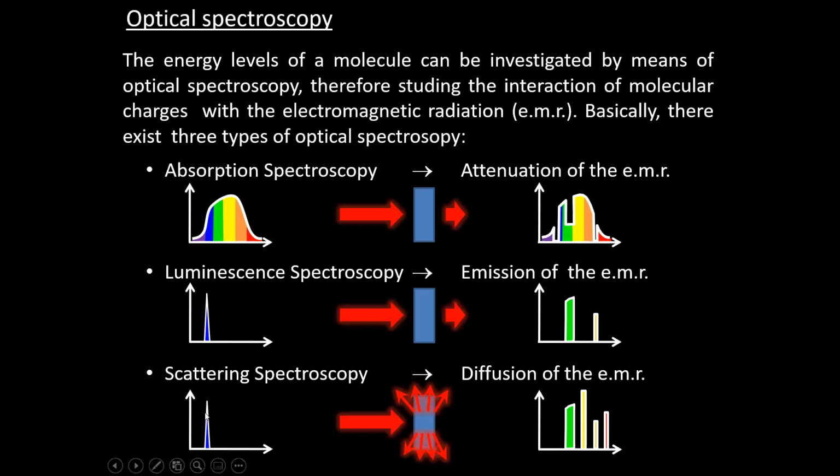You send light at a certain frequency and you get that light is scattered or diffused at the same frequency, but also at different frequencies, as it happens in Raman. So you get the generation of new frequencies. Now we shall discuss, first of all, absorption spectroscopy, and then during the next lectures, we will go to luminescence spectroscopy, and then sometime to scattering spectroscopy.